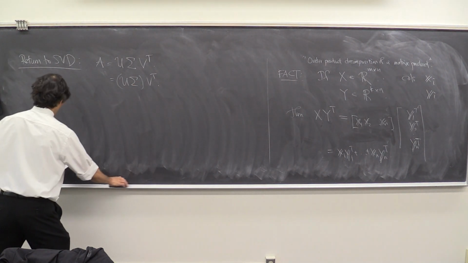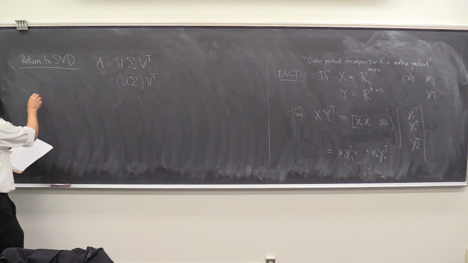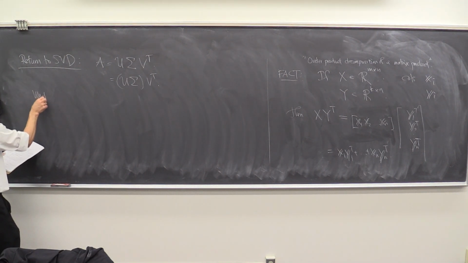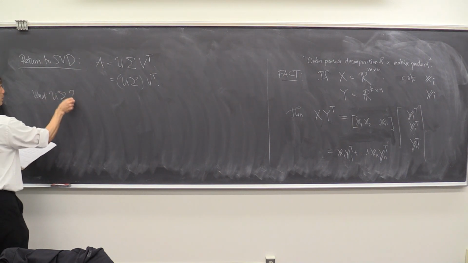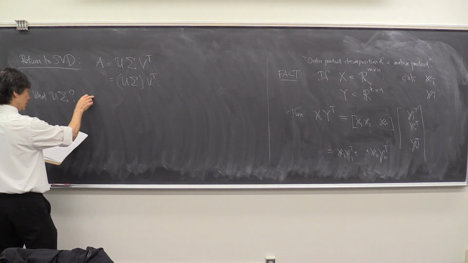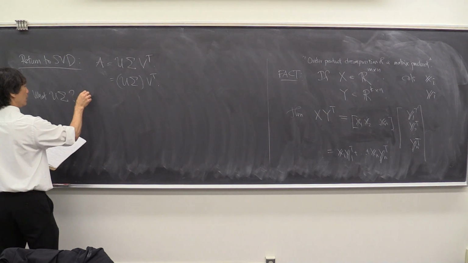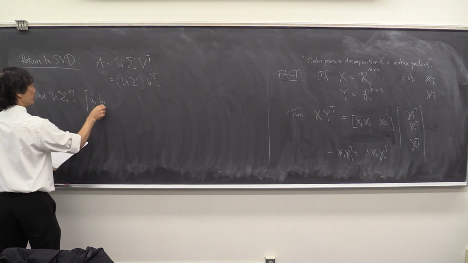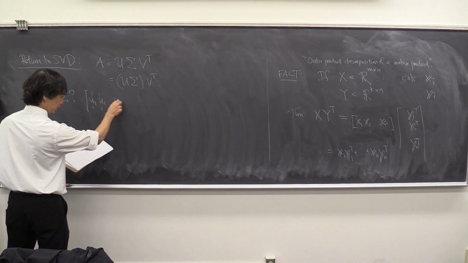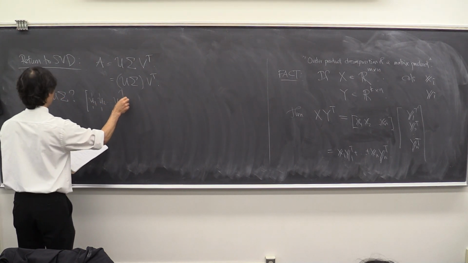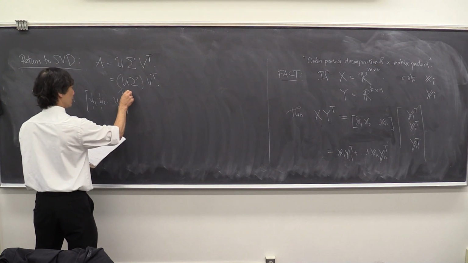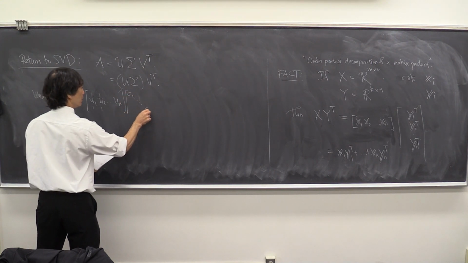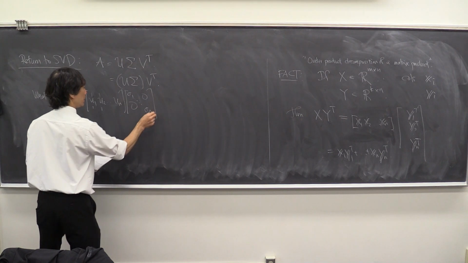Okay. So what's U Sigma? Remember we've got the u_i's, and then we have this diagonal matrix with the singular values down the diagonal.